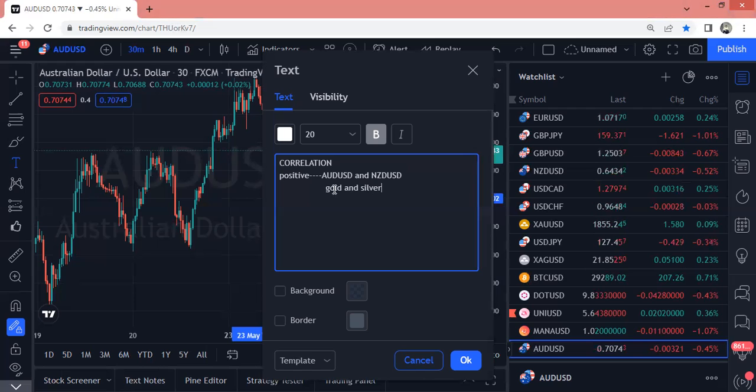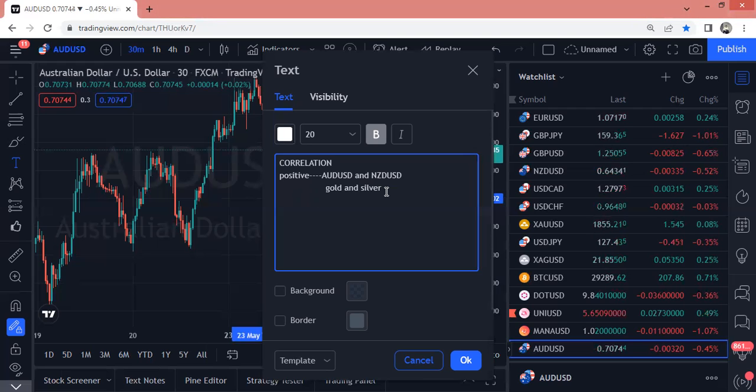If you're getting a sell here, you're getting a sell here. So if you have an opportunity for 100 pips on gold, be sure you are also going to be getting something similar on silver. So you can kill two birds at the same time. Same thing here.